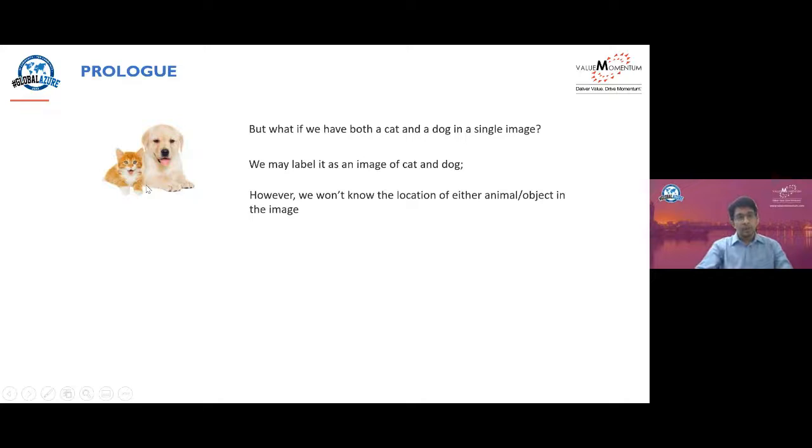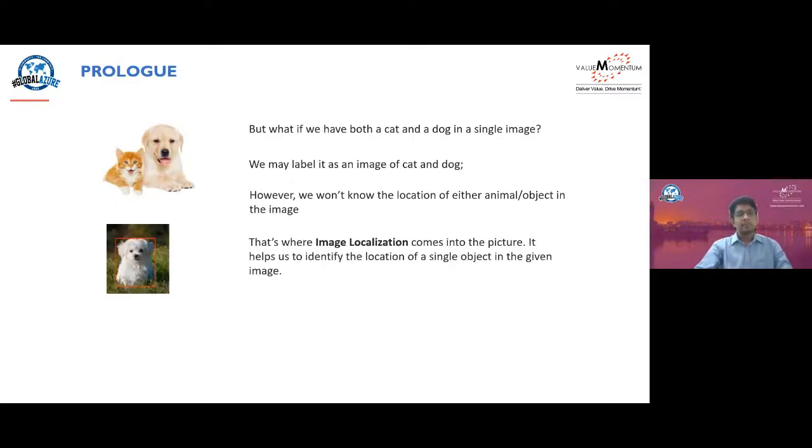To address this, a new concept has been formulated called image localization. When there is a single object in an image, we're not just trying to classify the image, we're also trying to say the position or the location of the object.